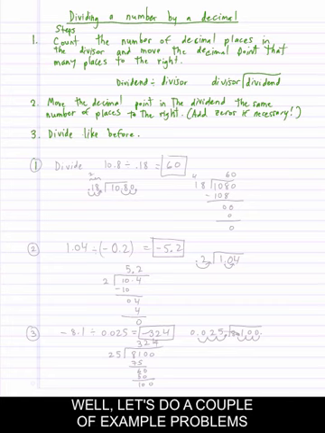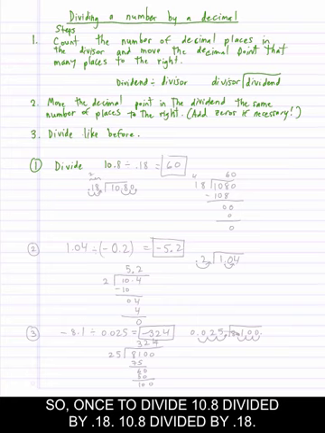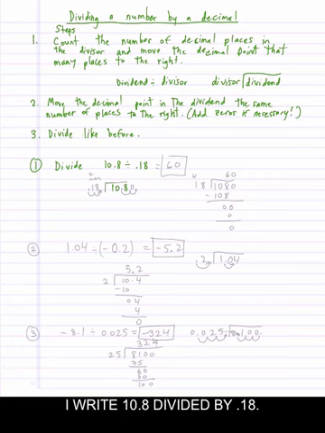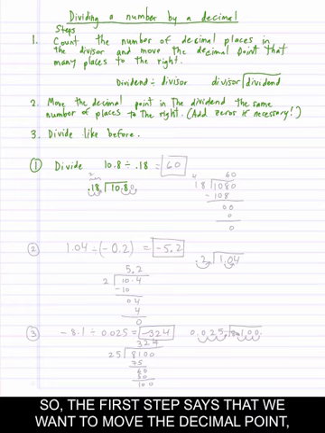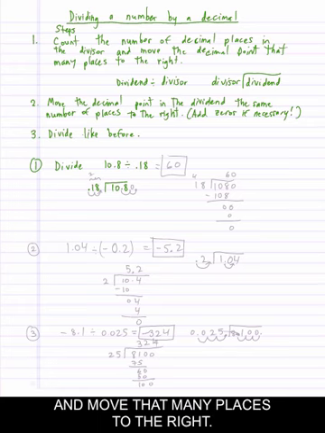Alright, well let's do a couple of example problems to get used to this method. So I want us to divide 10.8 divided by 0.18. Alright, I'm going to set this up here. I write 10.8 divided by 0.18. So the first step says that we want to count the number of decimal places in the divisor and move that many places to the right.